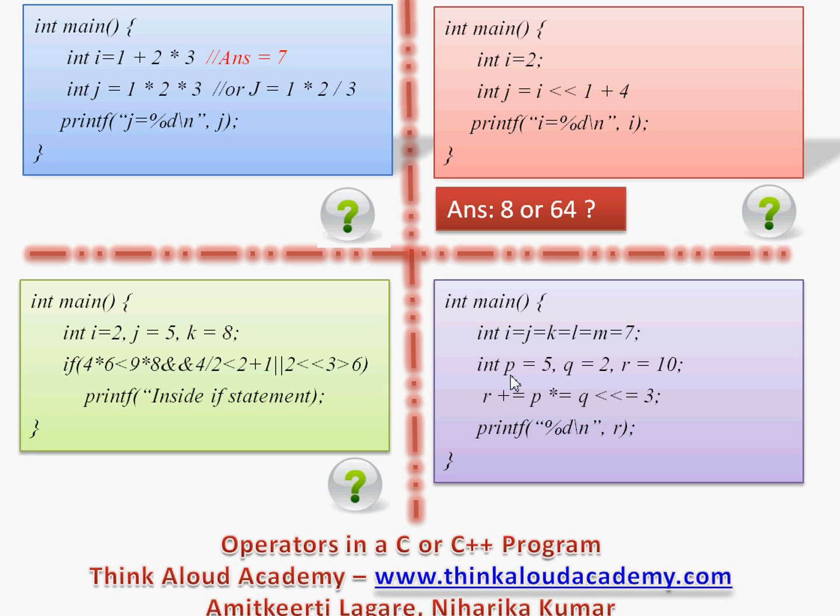The second line: say p = 5, q = 2 and r = 10. So I write r += p *= q <<= 3. How is this evaluated? Is it a valid expression? So these are some of my queries.